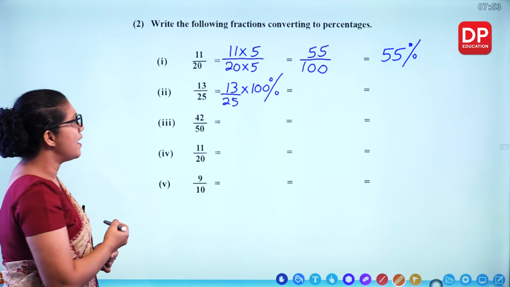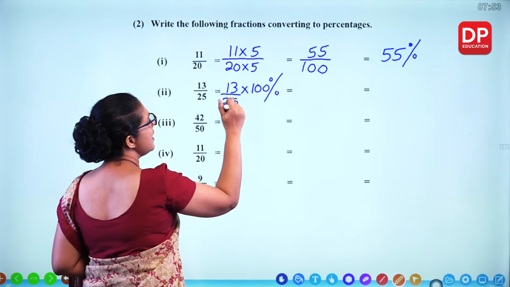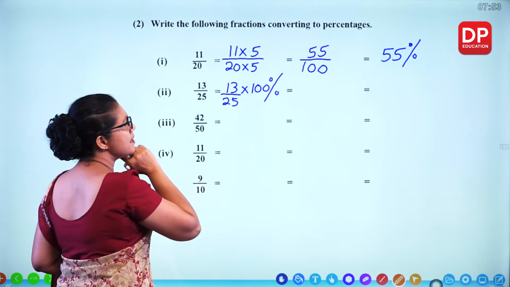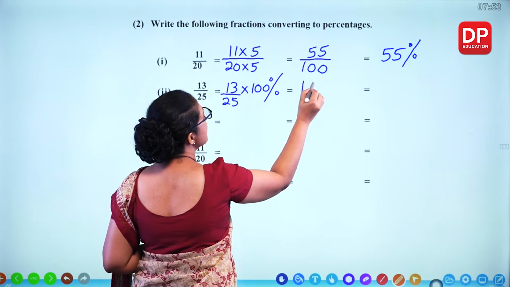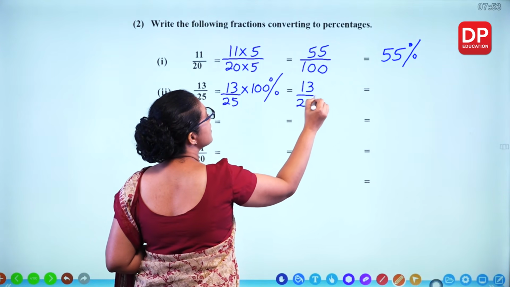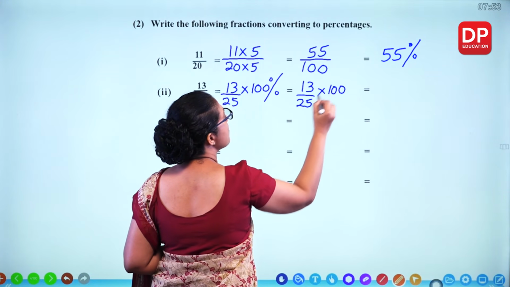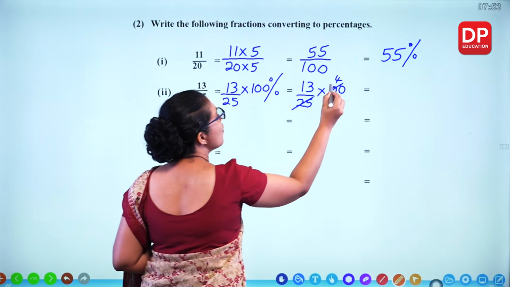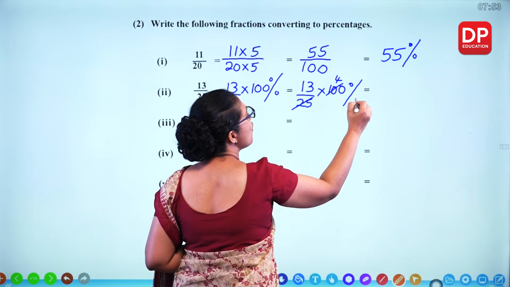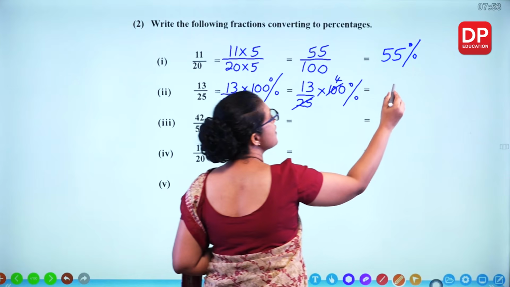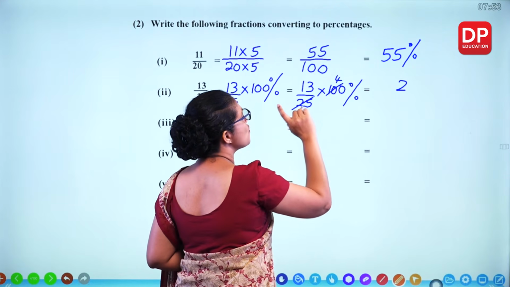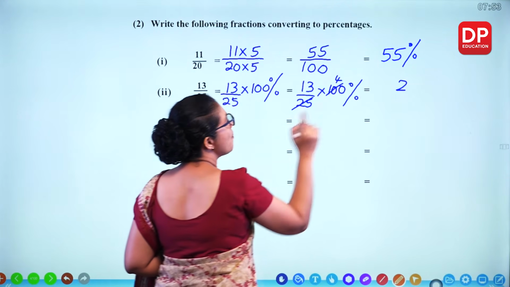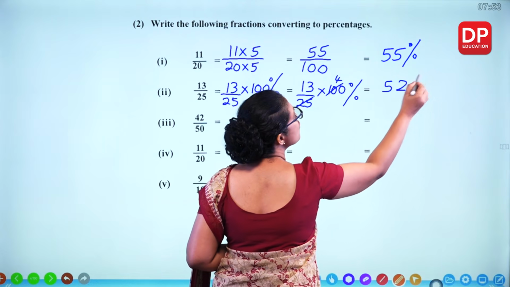Then simplify. 25 and 100 I can simplify and write this as multiplying by 4. So 13 times 4. 4 times 3, 12, and 4 times 1, 4. 4 plus 1, 5. So 52%.